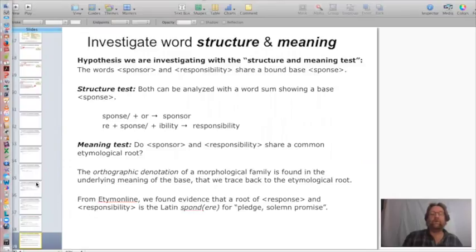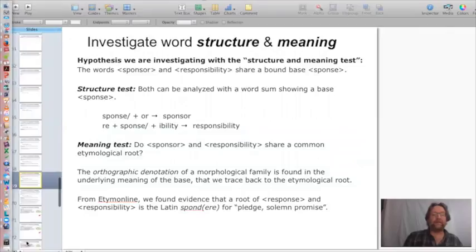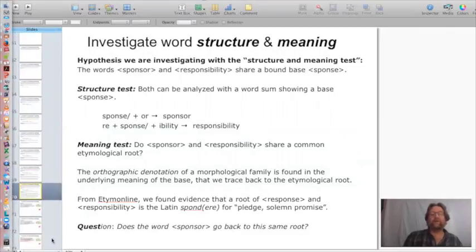So just to remind ourselves of where we are, we're looking for this orthographic denotation in the root. So we go to etym, and our first piece of evidence is that a root of response and responsibility is the Latin spondere, for pledge, solemn promise. And let's see what we do from there. So the question is, does sponsor share this root? Because if it does, not only have we passed the structure test with the word sums, we would have passed the meaning test if they both share that root.